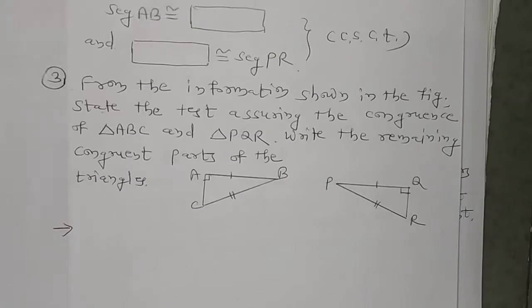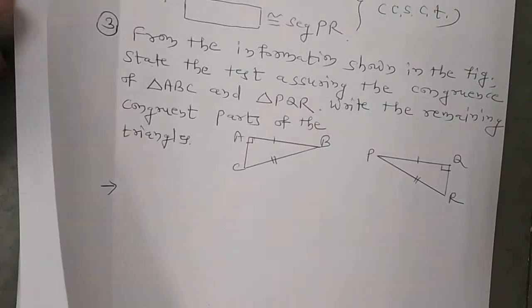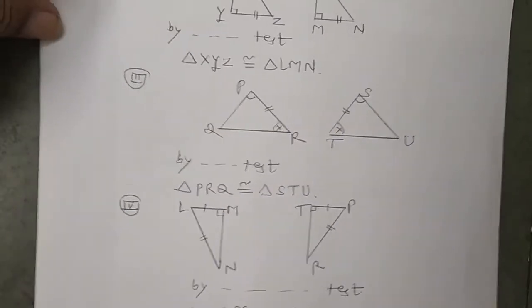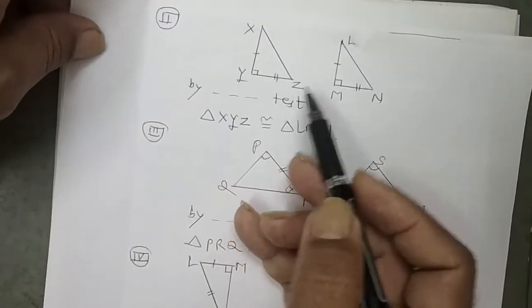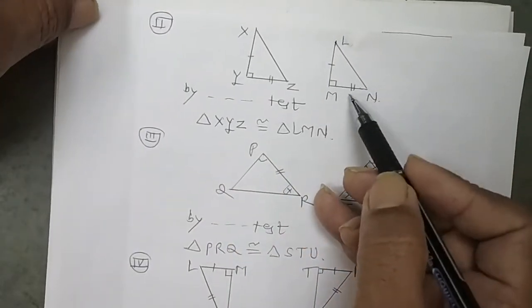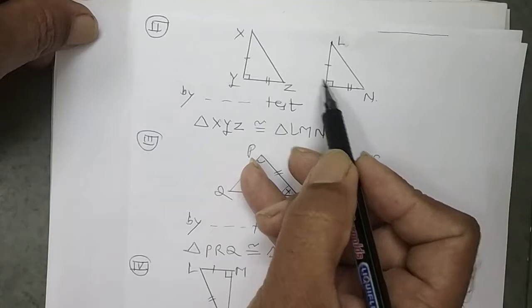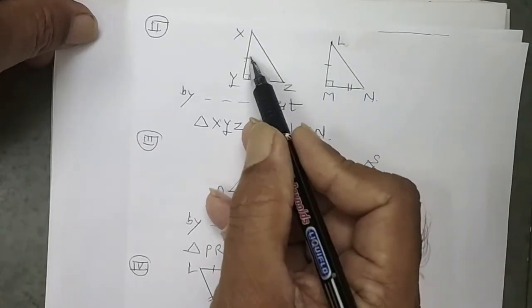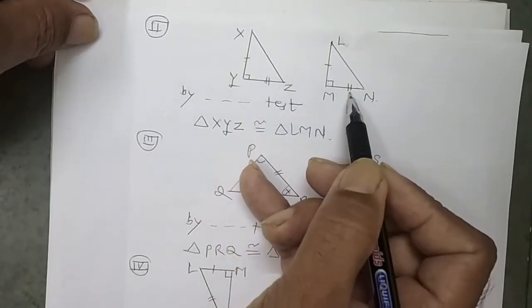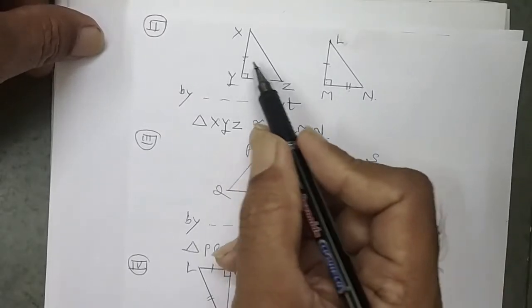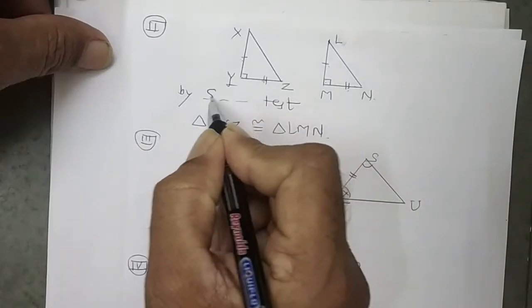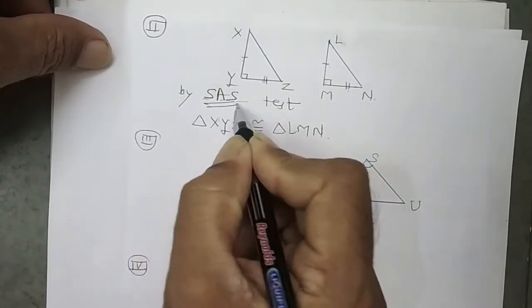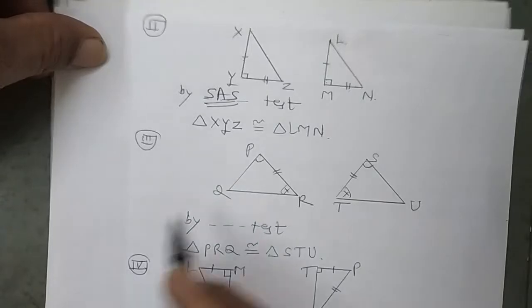Next, in triangle XYZ and triangle LMN, this is a right angle and these two sides are congruent. Therefore, by the side angle side test, the SAS test, these two triangles are congruent.